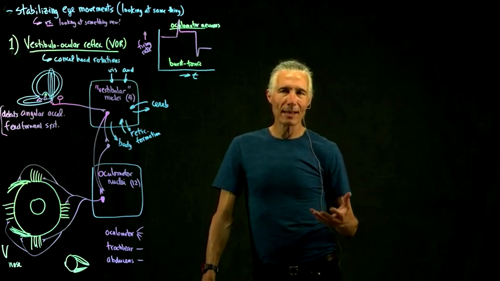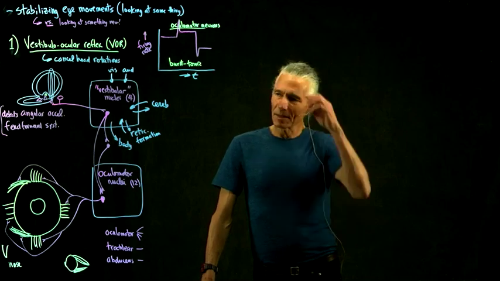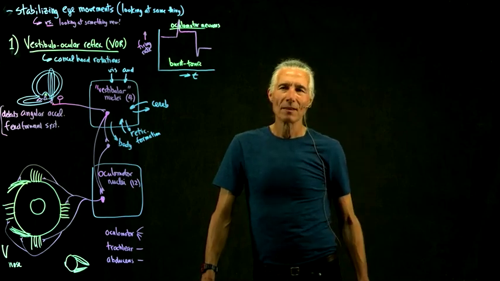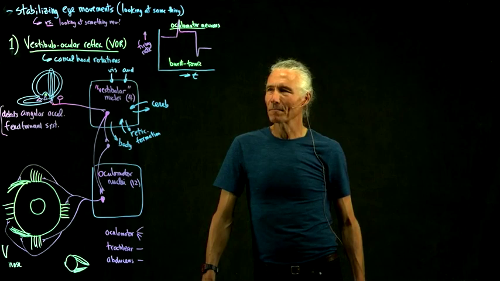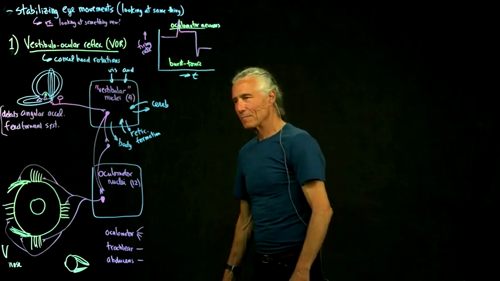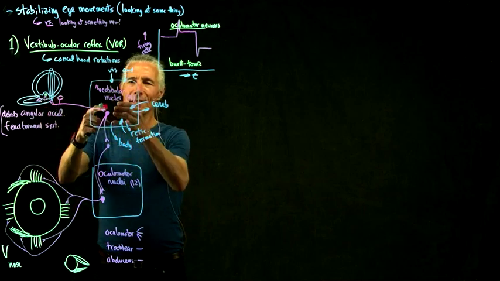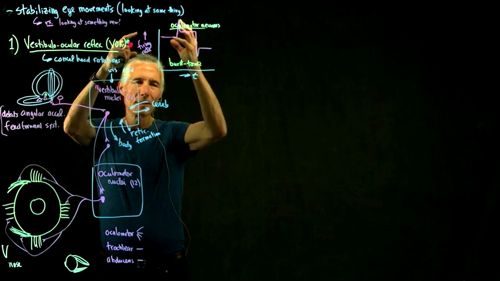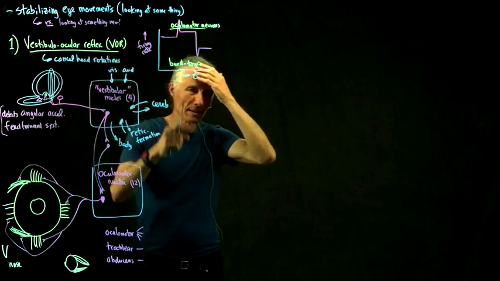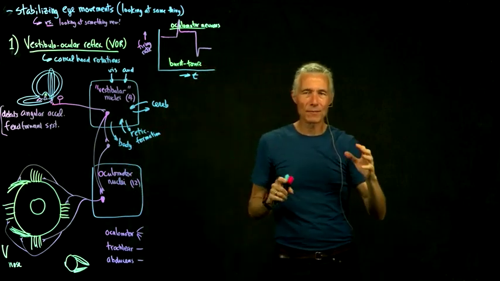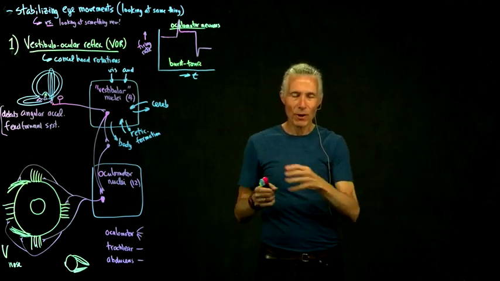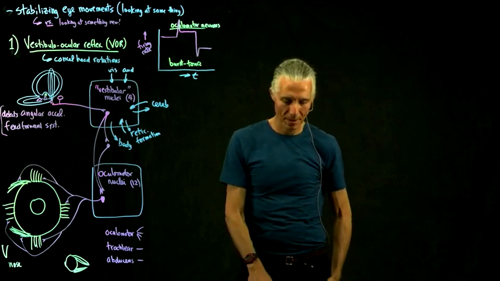I mean, you literally cannot get up out of bed without falling down once this system stops working. But like I said, it's not just low-level stuff. All these signals from the vestibular system go up forward into the cortex and are involved in all different kinds of higher level knowing where you are in the environment.